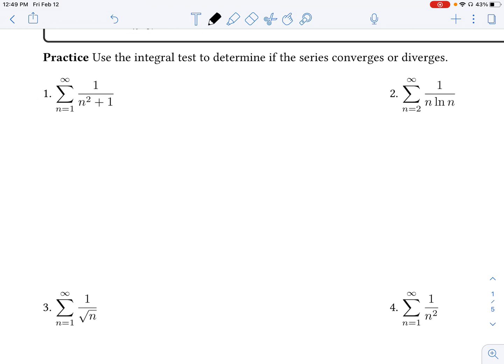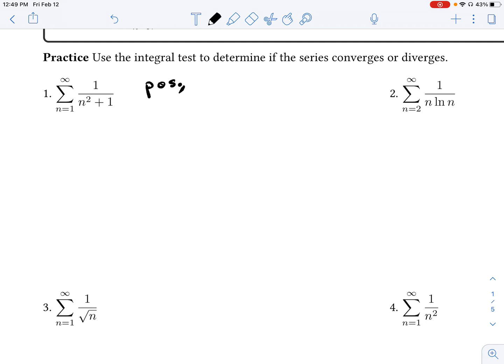So we look at this, and first off, ask yourself, is this series representing a function that is positive, continuous, and decreasing? Well, since our lower index starts at 1, we know all of our terms are indeed going to be positive. Next up, does this function represent a continuous function?